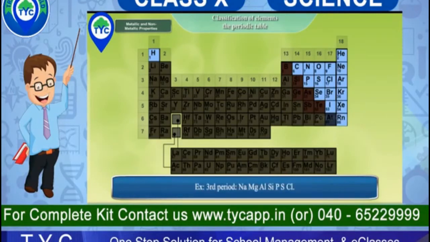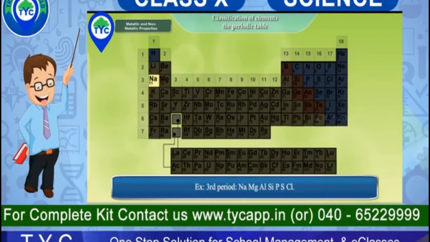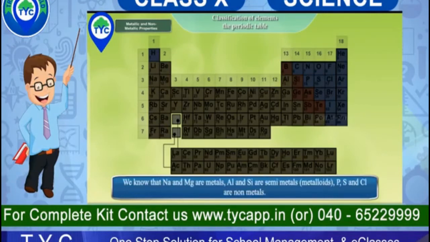Example: third period, Na, Mg, Al, Si, P, S, Cl. We know that Na and Mg are metals. Al and Si are semi-metals, that is, metalloids.